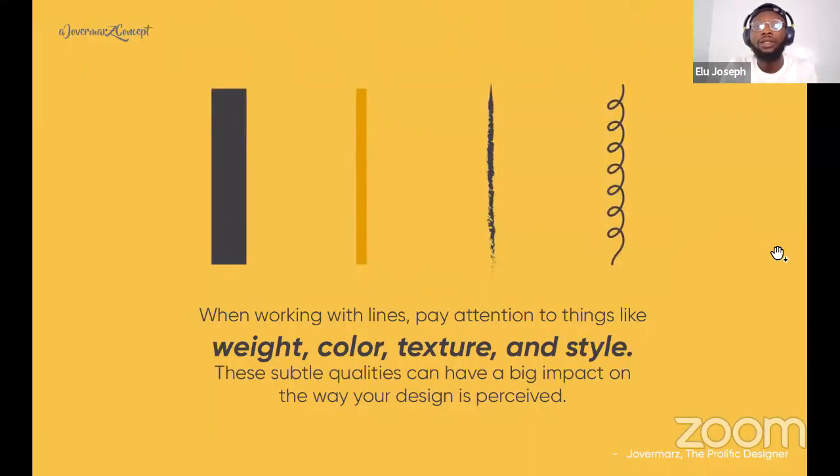See the different sizes of lines or different types. These are just a few. So lines come in weight. Either it is thick or it comes in color or texture. This is a textured line or style. This is some kind of wavy line, right?